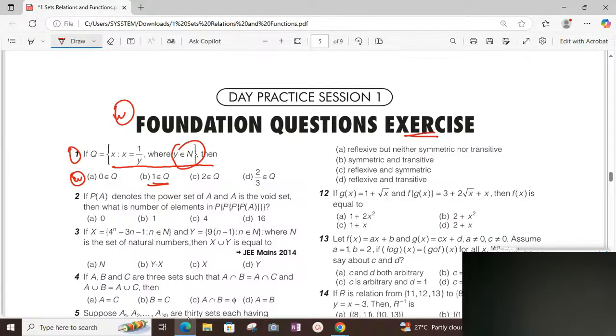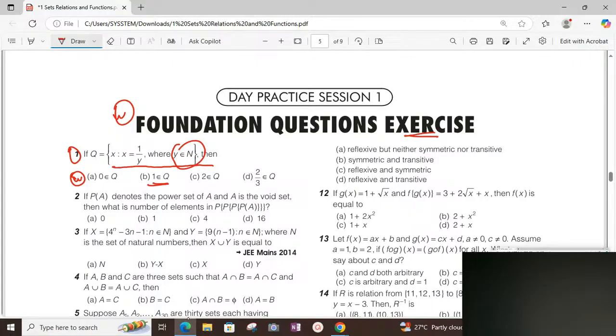When we put y equal to 1, we get x equal to 1 by 1, equal to 1. So this is the correct option of this question.